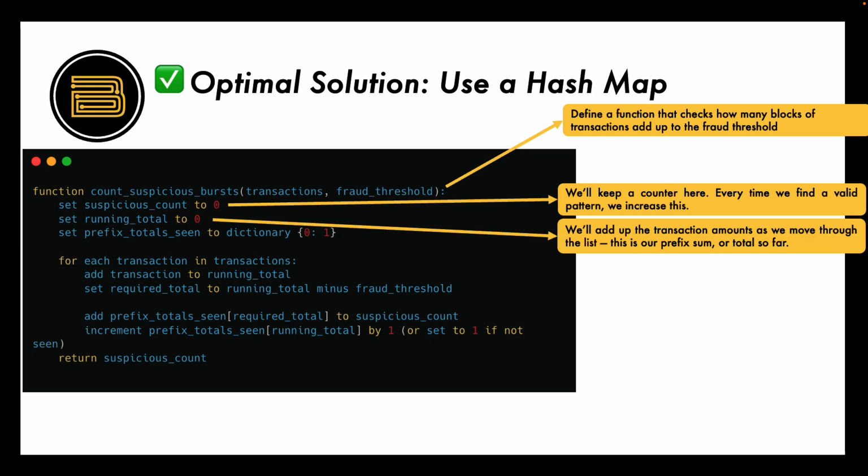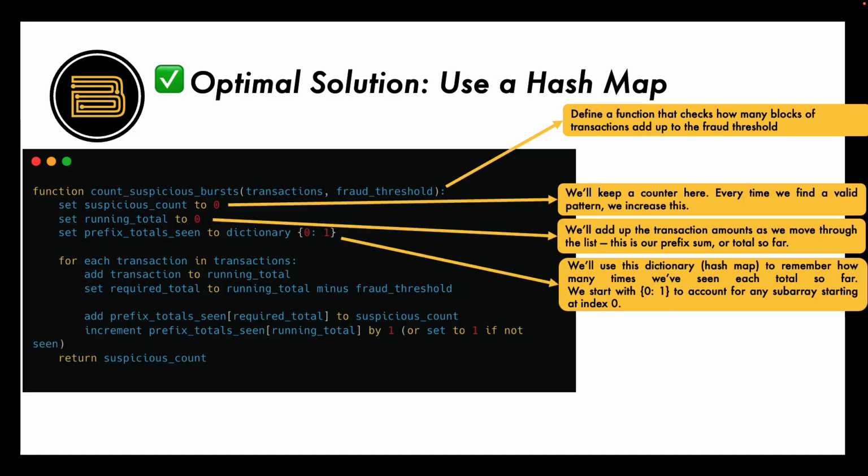And we're going to add up the transaction amounts as we move through the list, and this is our prefix sum or total so far. We're going to use this dictionary or hash map to remember how many times we've seen each total so far, and we're going to start with 0 colon 1 to account for any subarray starting at index 0.